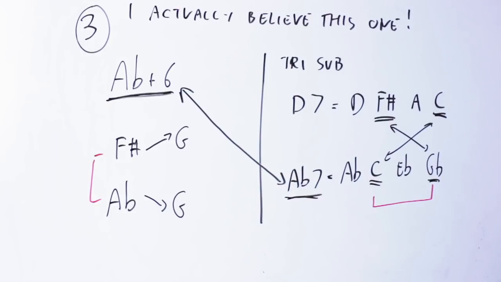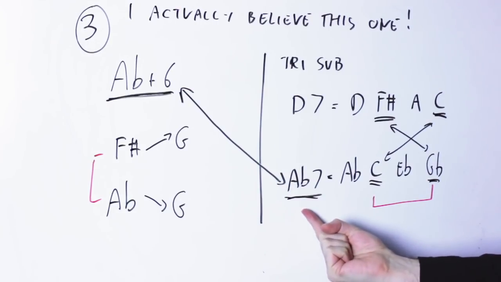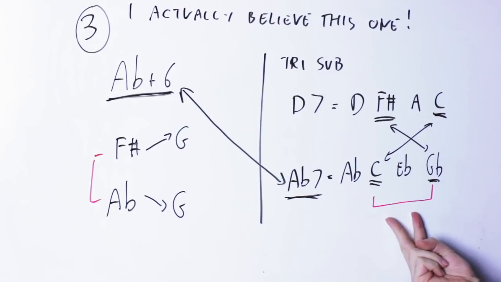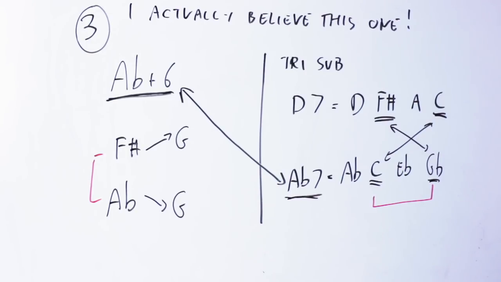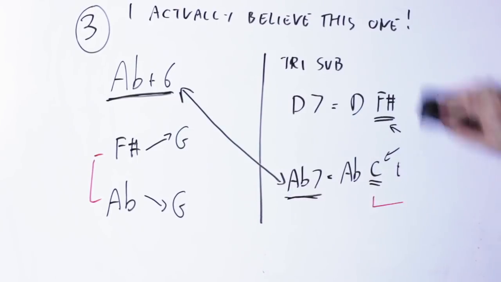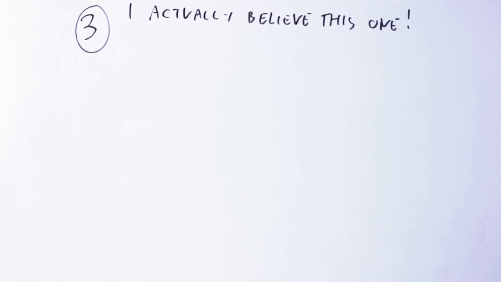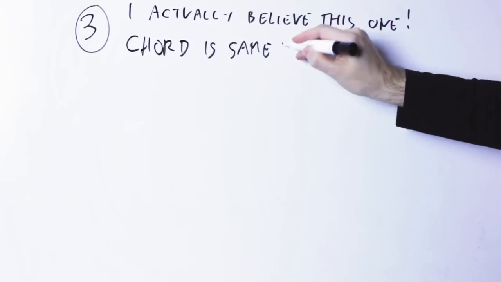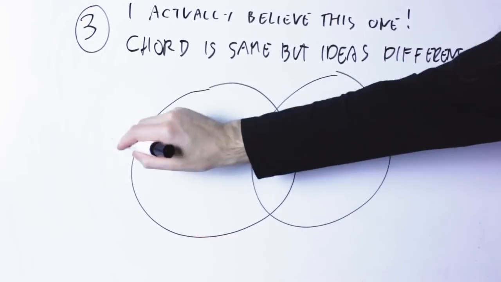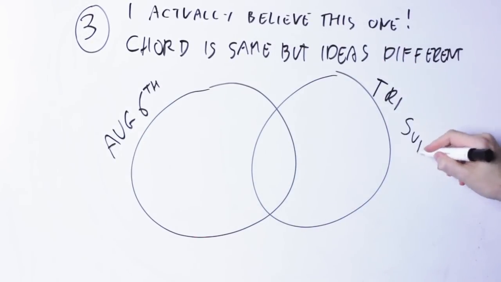And if instead I want to make a non-standard tritone substitution, I will keep the notes C and F sharp and change the other notes. The chord is the same, but those two ideas, augmented sixth and tritone substitution, make me think of the chord in a different way, and so make me work with the chord in a different way, and so make me extend the chord and create new chords in different ways.